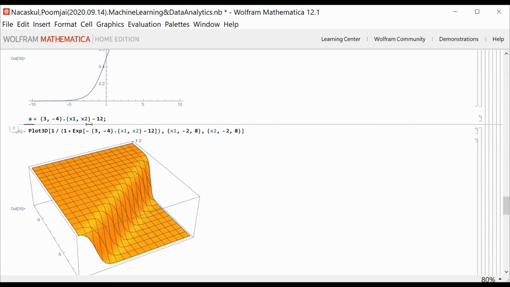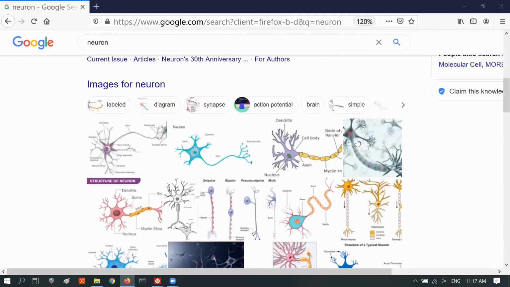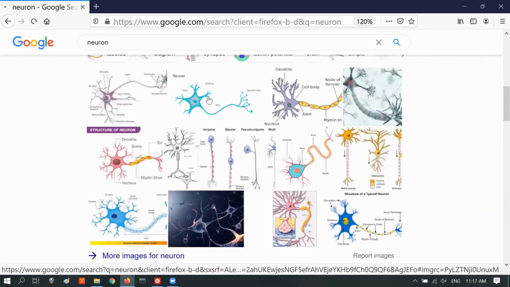You guys know what a neuron is? Yeah, let's Google a little bit. That's what a neuron looks like. I'm going to use this one.